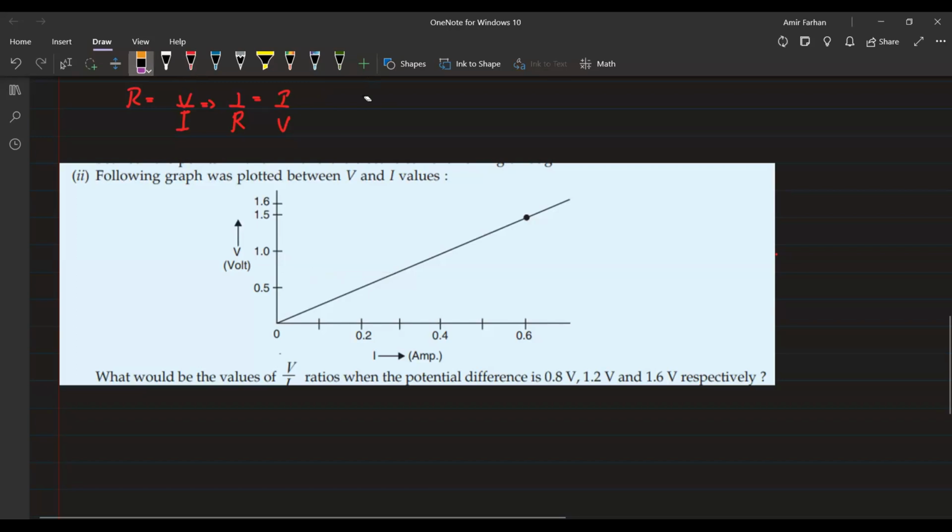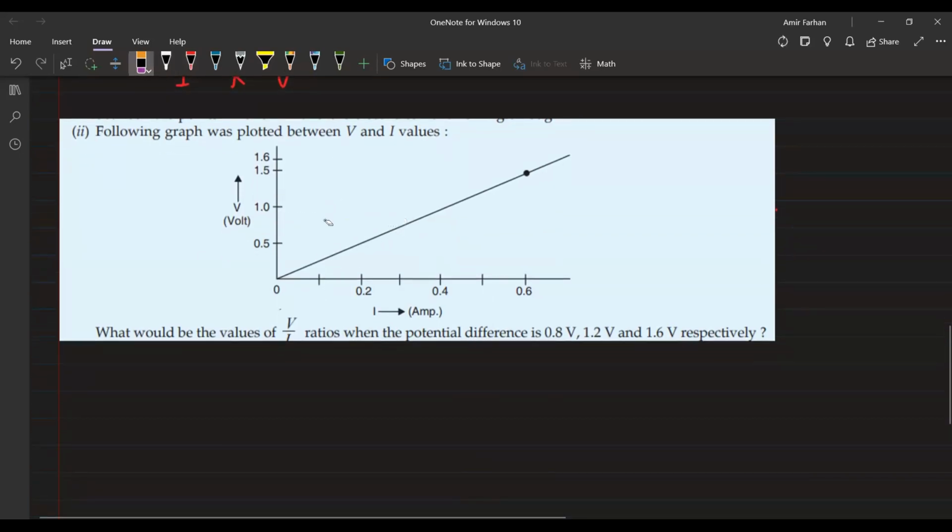Just a second. So point 8 will be somewhat here. The potential difference is 0.8. Actually, the drawing is not working with this, sorry.